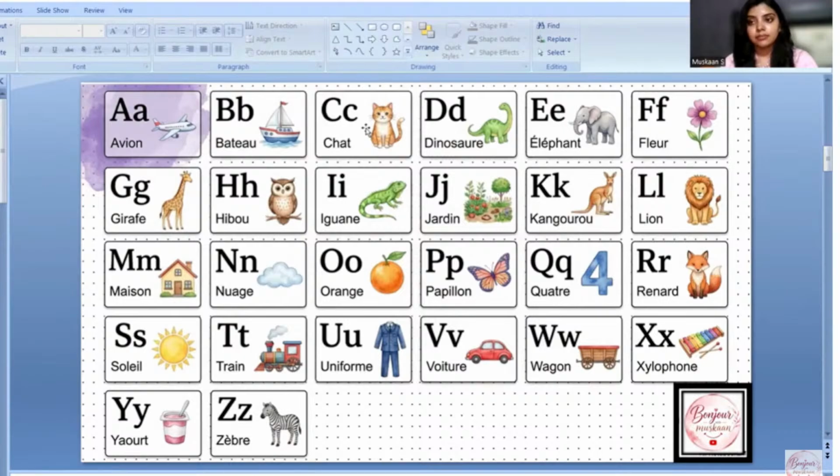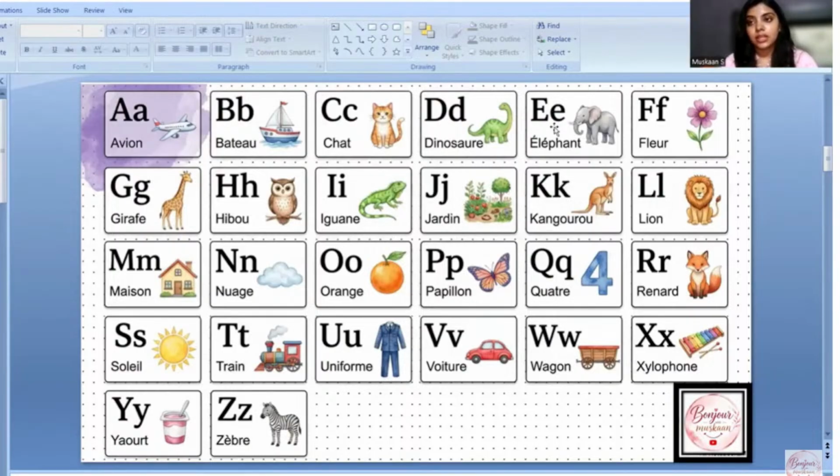Then C for chat. Chat is cat. Now D, D for dinosaur.